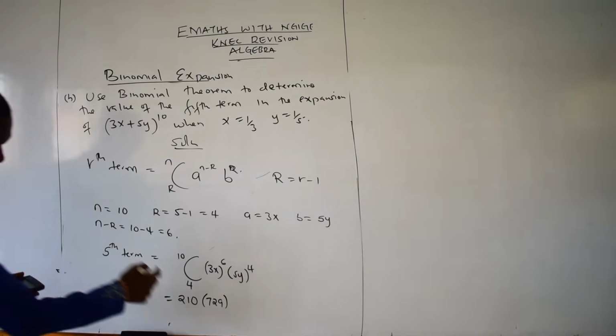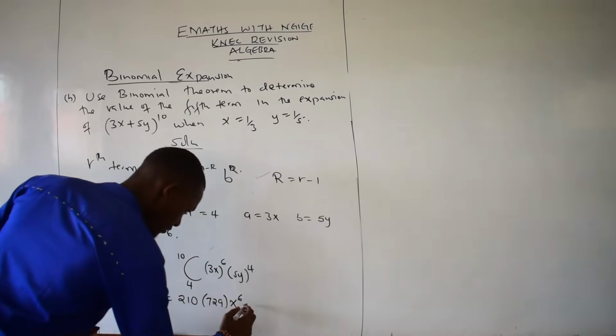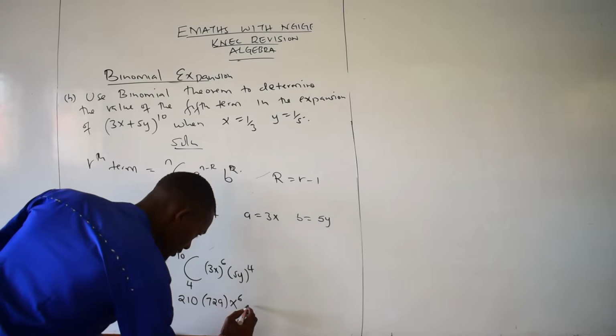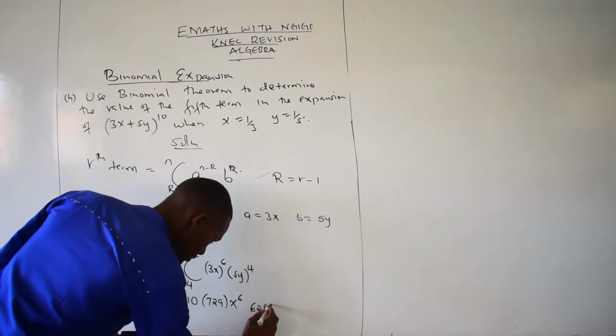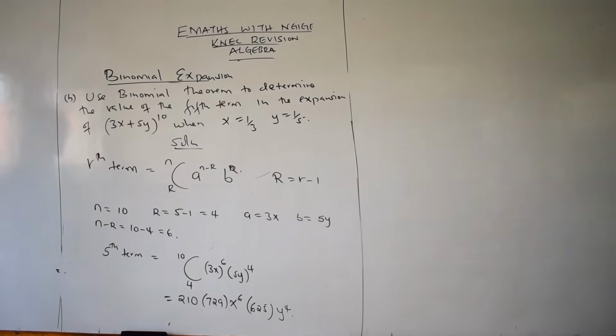Then we have x to power 6. Alright. Then we have 5 raised to power 4. So 5 raised to power 4 is 625. Then y to power 4. So you have that expansion. Then replace now the values of x and y. So our x is 1 over 3 and our y is 1 over 5.